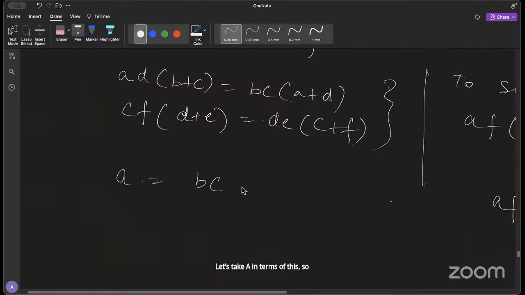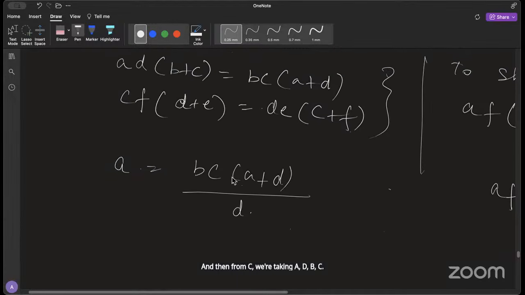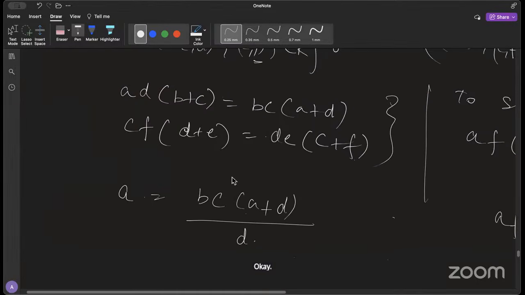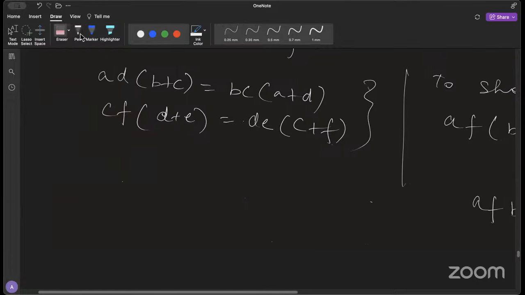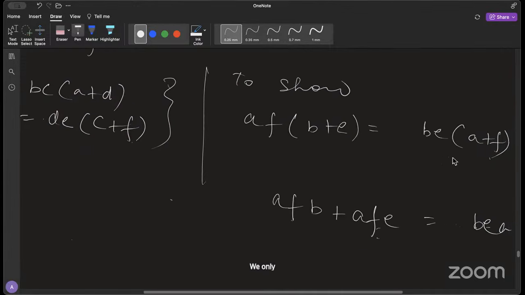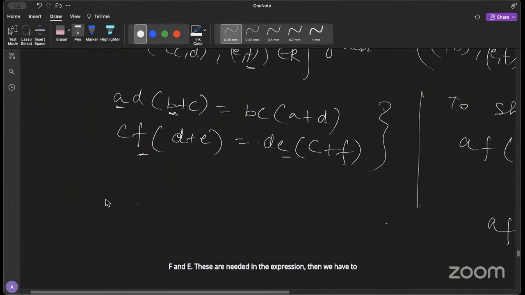So it will be BC, A plus D by D here. And then from C, we're taking AD, BC. Okay. We only need A, F, D, and E in the expression, right? So we need A, B, F, and E. These are needed in the expression, and we have to eliminate everything else.